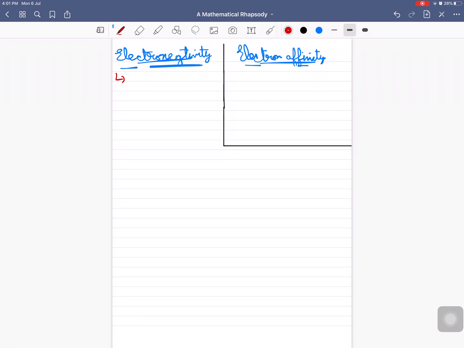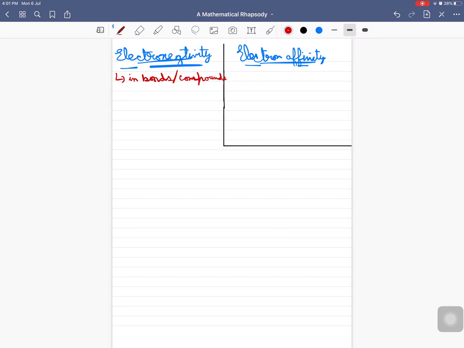It wants to take it. So let me write it down in short form so it won't take much time. This property can only occur in bonds. In bonds, you can also call them, if you want to, compounds, molecules.